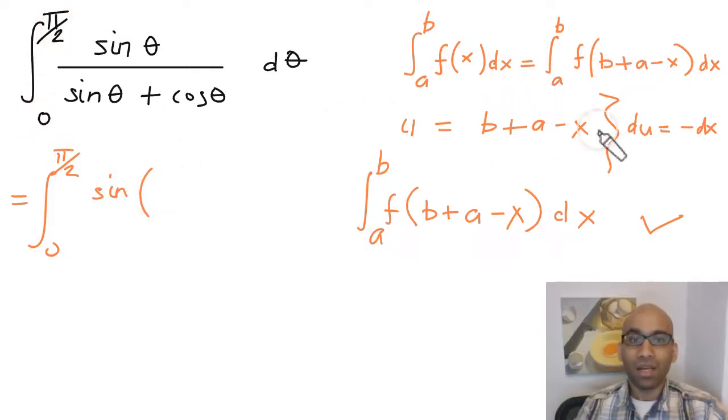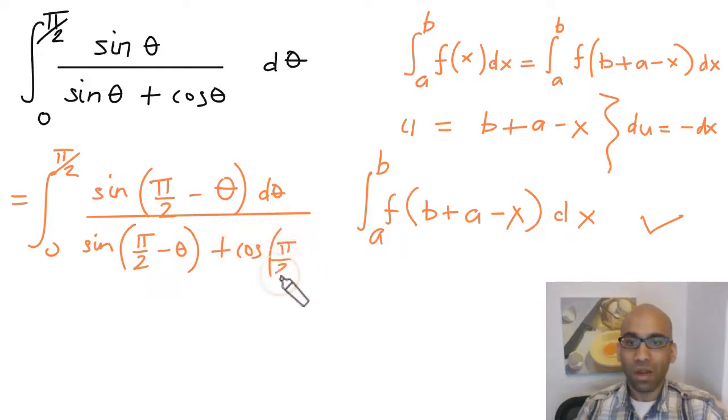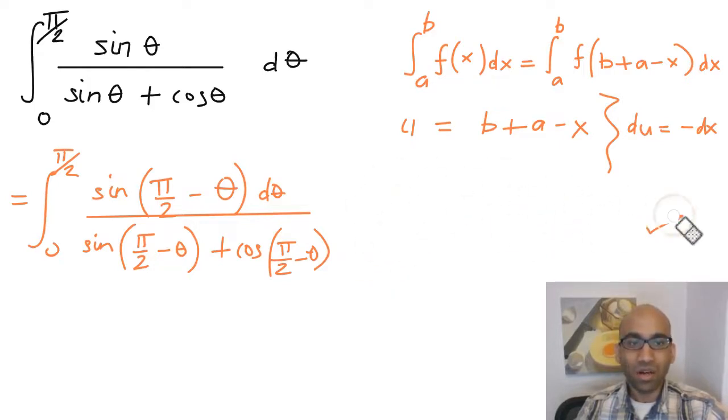So we write down b plus a minus x, which is pi by 2 plus 0, we can ignore the 0, minus x, or in this case theta, and then we write down the d theta here. And in the denominator, similarly, sine of pi by 2 minus theta plus cosine of pi by 2 minus theta. I'll just erase this part out for now to make things clearer.